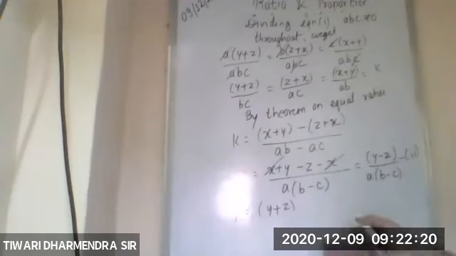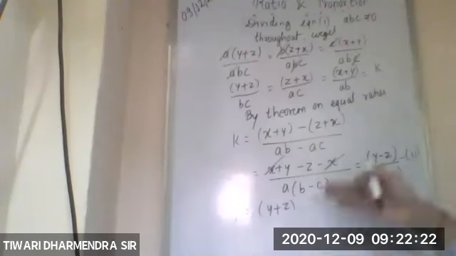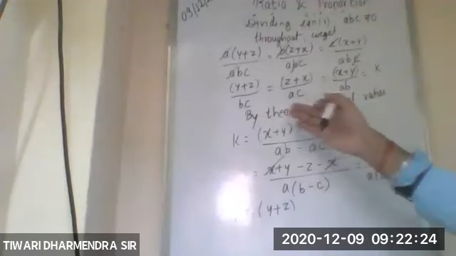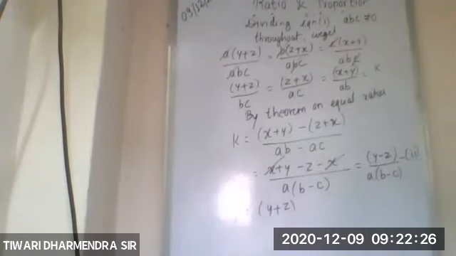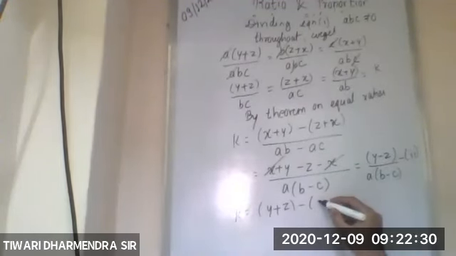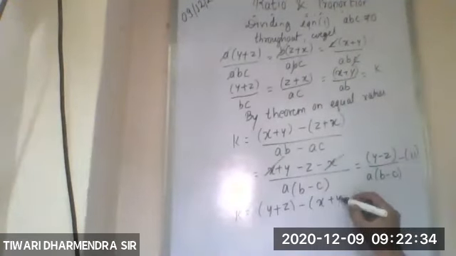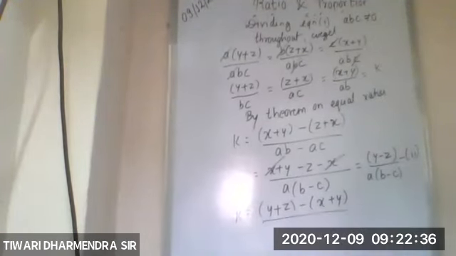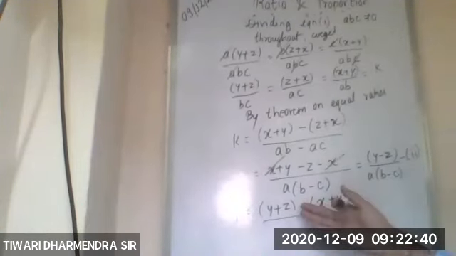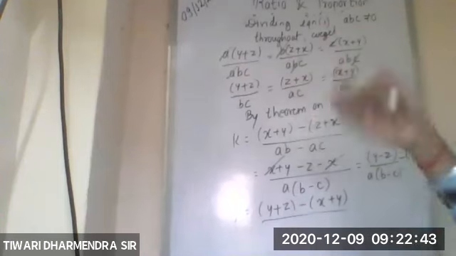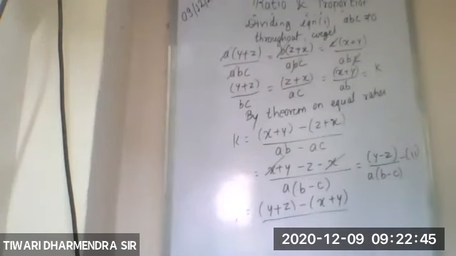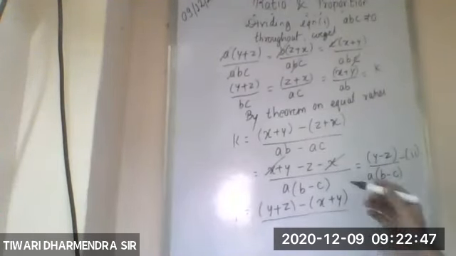The three ratios we're going to take, all three with the help of theorem on equal ratios. (y plus z) minus (x plus y), since they have y common, we will get z minus x. Since z should be positive, I've taken y plus z before x plus y.